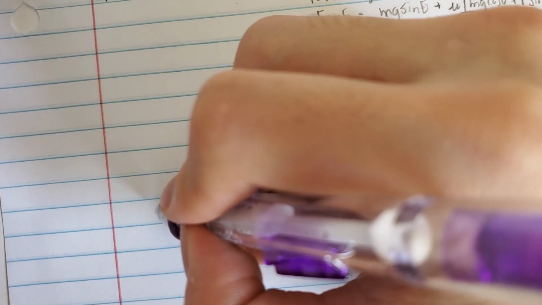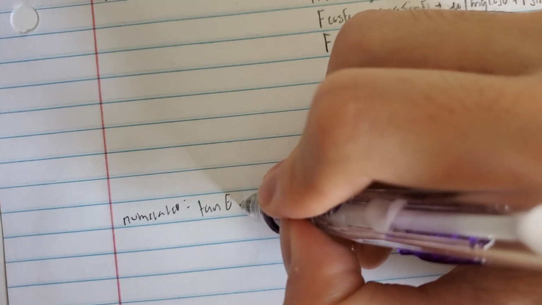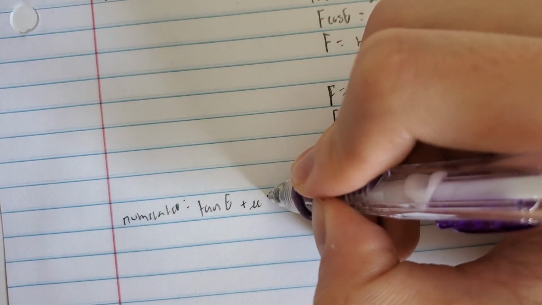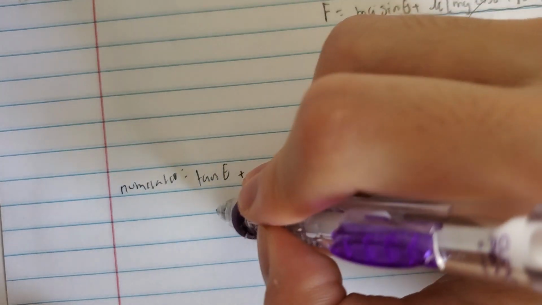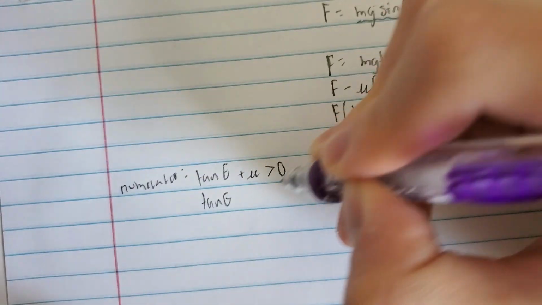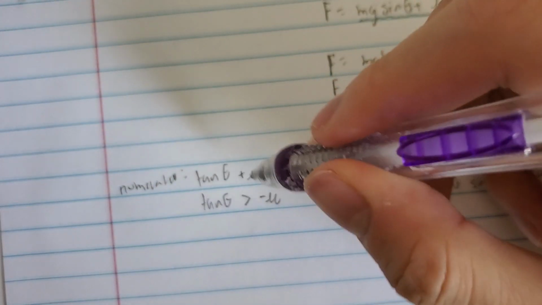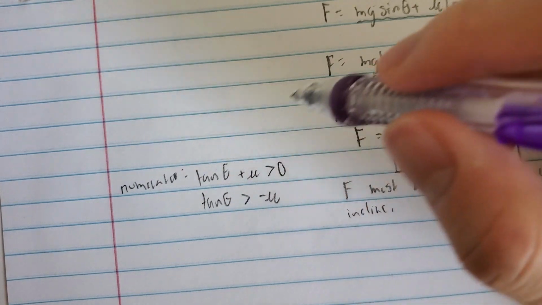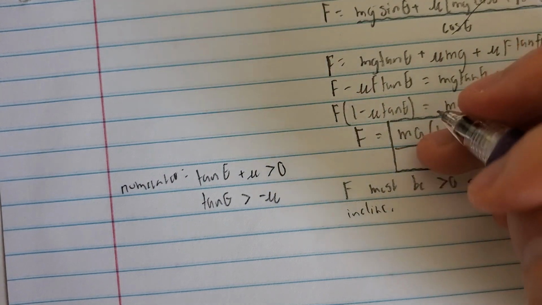So numerator: tan theta plus mu must be greater than 0. So the relationship that the numerator must satisfy is, I'm going to subtract mu over to the side, so tan theta is greater than negative mu. So this is one of the conditions that mu and theta must satisfy. Okay, for the denominator, I also want it to be greater than 0.